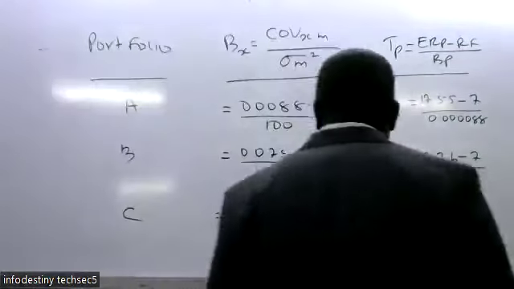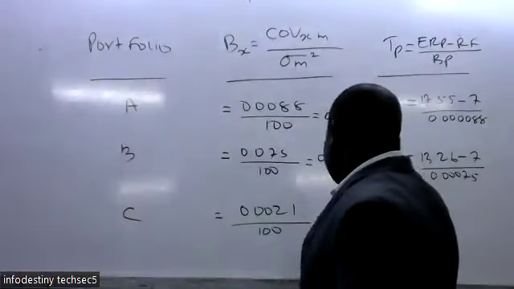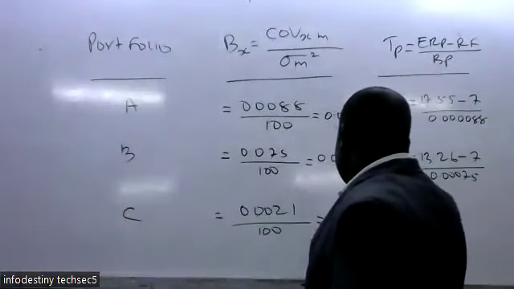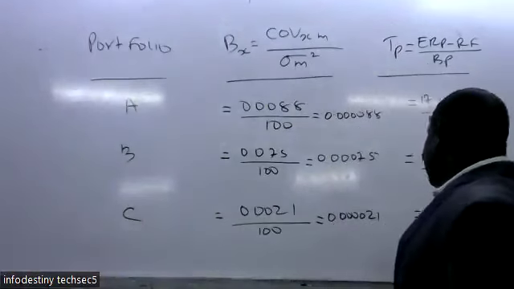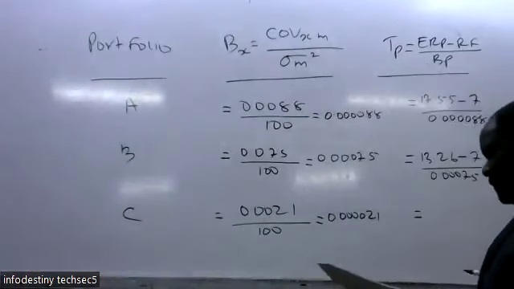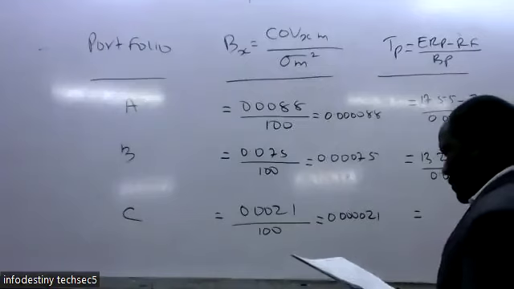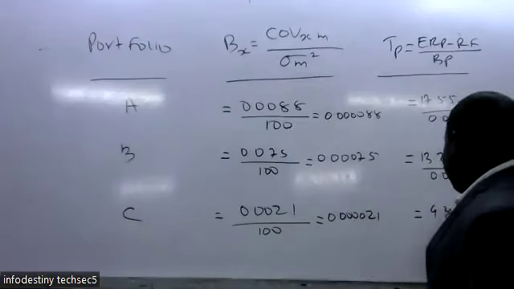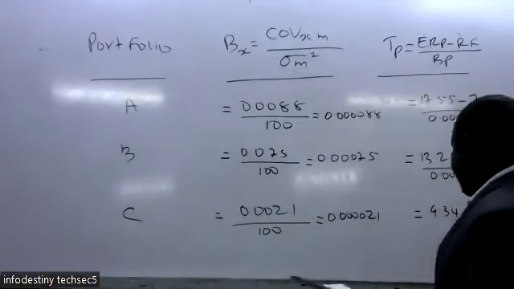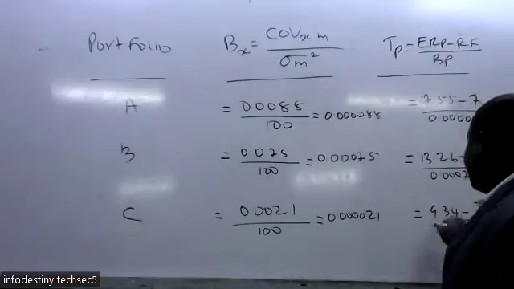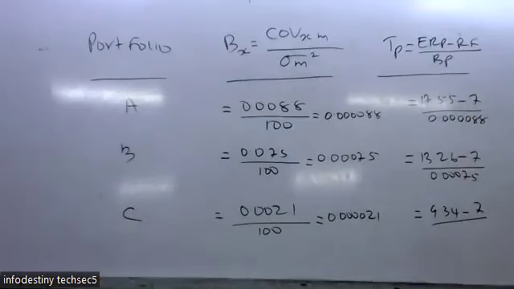That we have 4 zeros. So it is 9.34. Then we also divide by that.